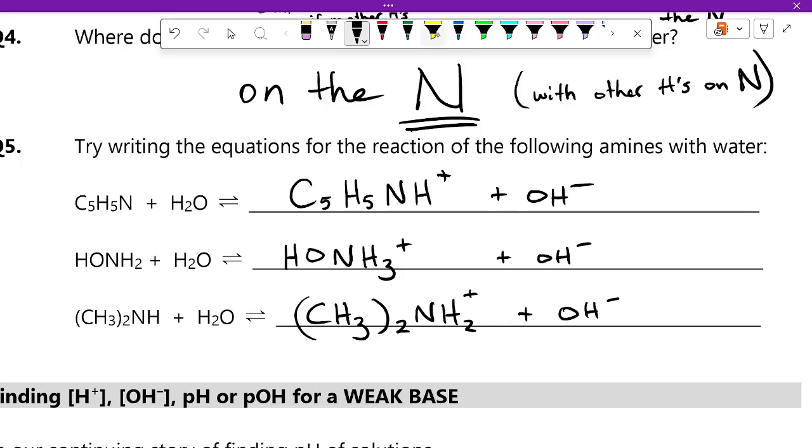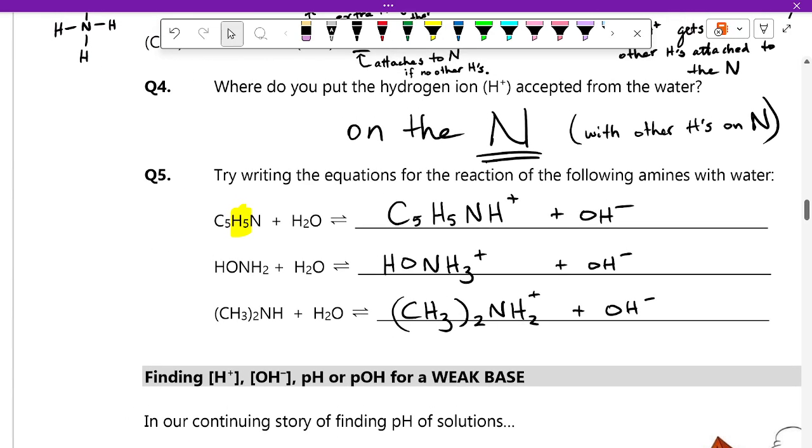So the only one that might be a little confusing is the very first one, because you might think that these hydrogens are on the nitrogen, but they're really not. Because what you would have is C5H5N.